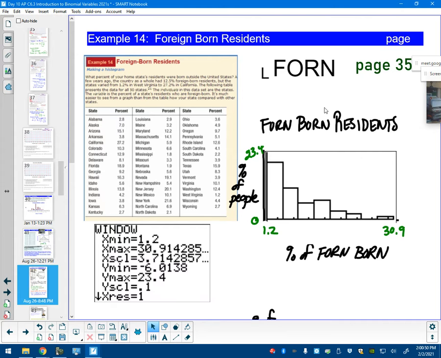California, however, 27%, almost 30% of their population that live in the state of California were not born in the United States. They were probably born in Mexico. If you're in California, if you're Florida, you think like Mexico or maybe Cuban. Also, probably Florida attracts people from more all over the place because it's warmer.